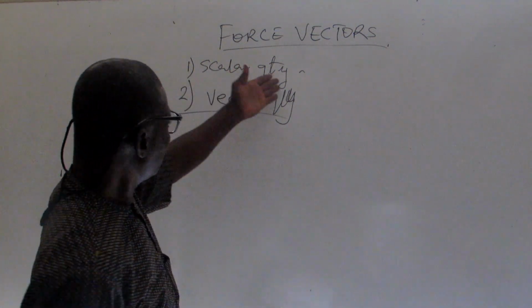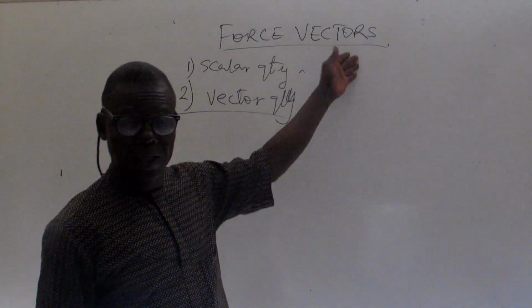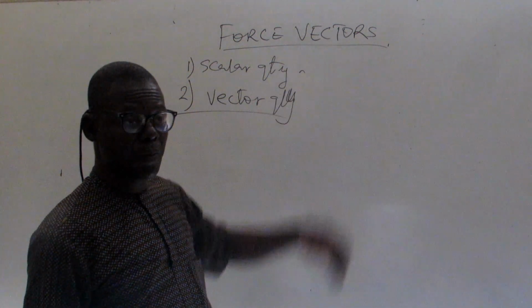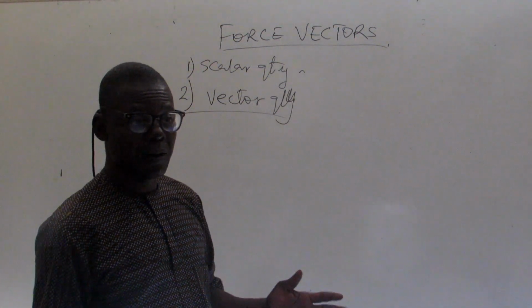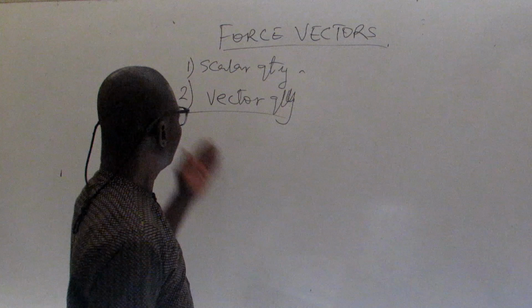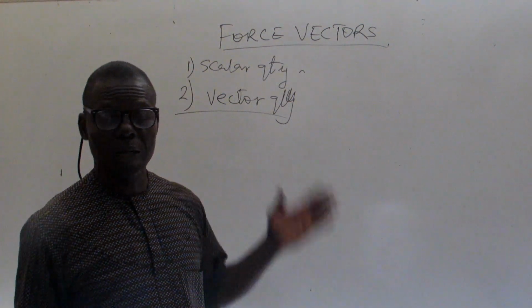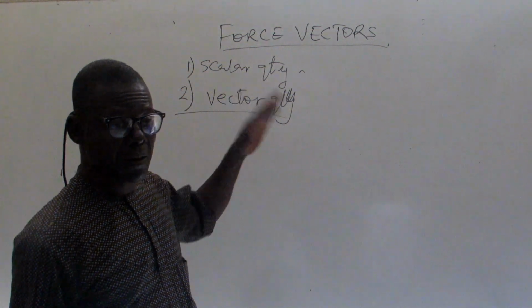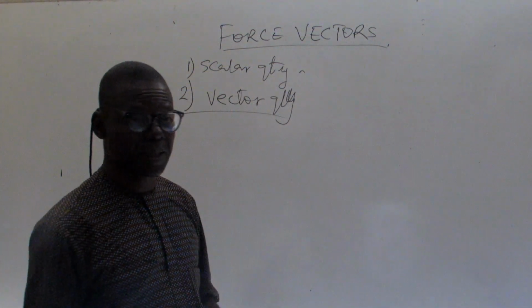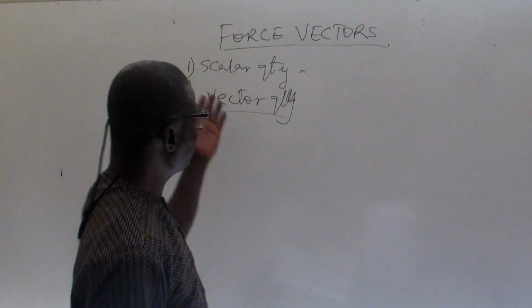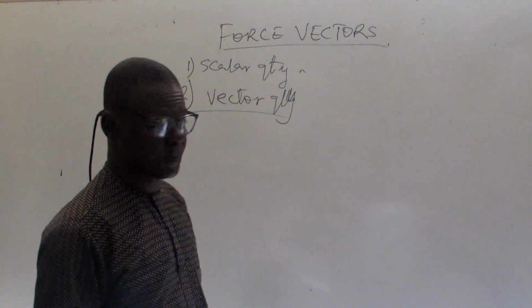And in scalar quantities, there could be a positive or negative value. And in vector quantities, there are quantities that have magnitude as well as direction. An example of them is velocity.